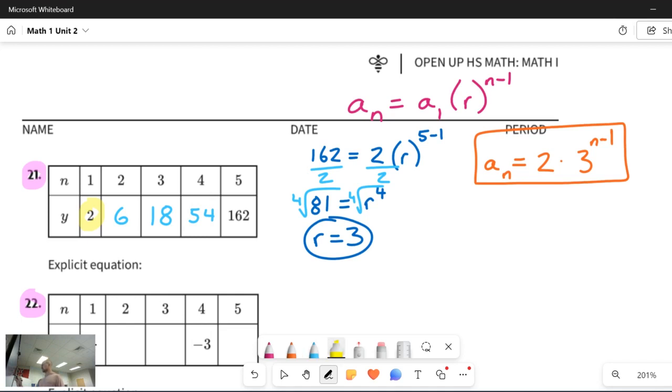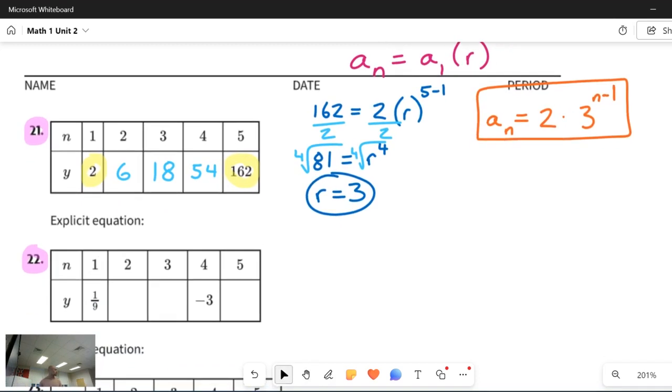And just for good measure, does 54 times 3 give us 162? And it does. So we're able to algebraically solve for our r without playing this giant guessing game that I'm sure some of you were trying to do. Just do the math, work it out every single time, and we'll be fine from there.